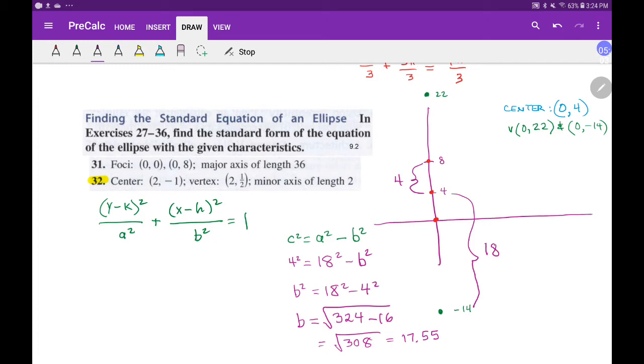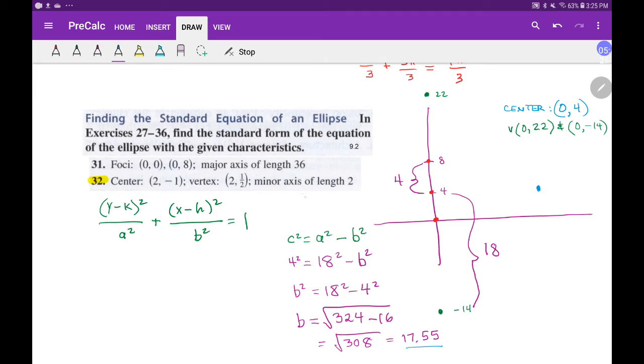Oh, yeah, and you know, our foci are very close together with the center compared to where the vertices are. So I suppose we're not surprised to see that we're going out a long way in the direction of b. We'll go out this way. It's almost the same. I'll try to make it look the same. That's not the same.